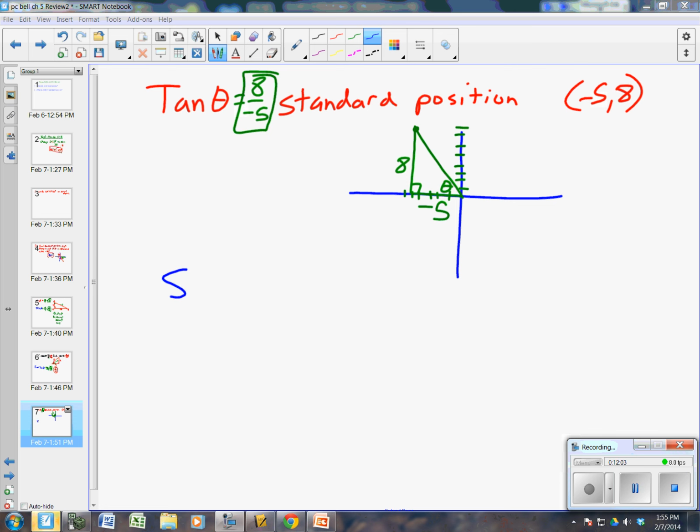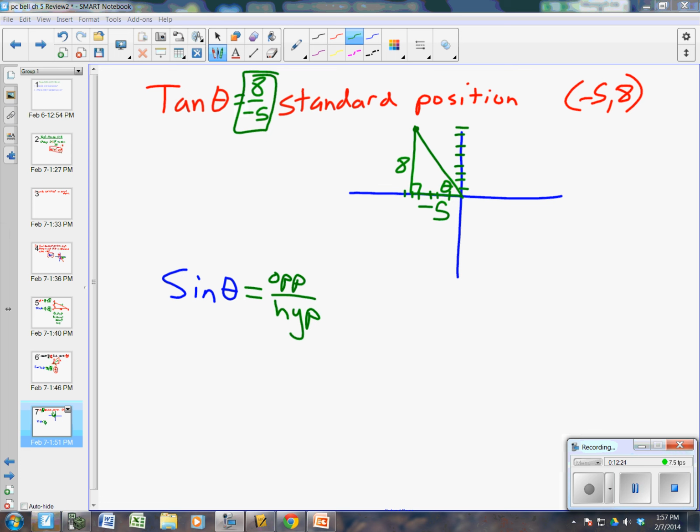Now I want you to find the sine of theta of that same problem. The sine of theta. Go. So on this one, I think most of you found out we had to find the hypotenuse of this thing, since sine is defined to be opposite over hypotenuse.